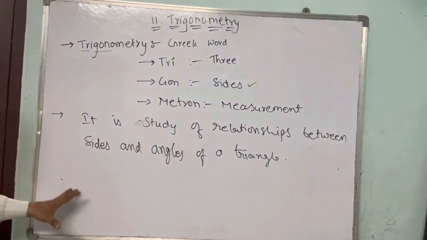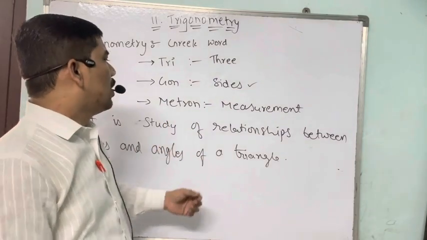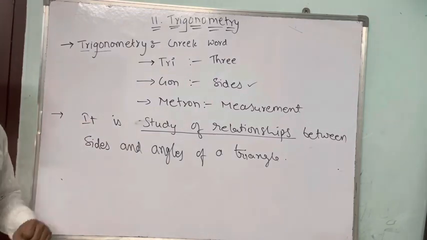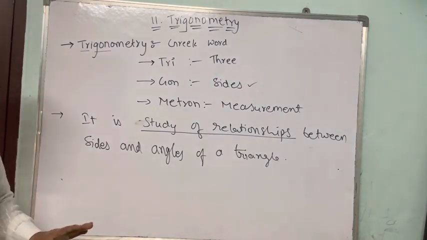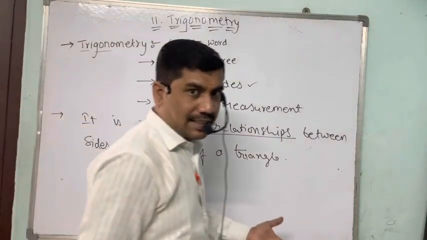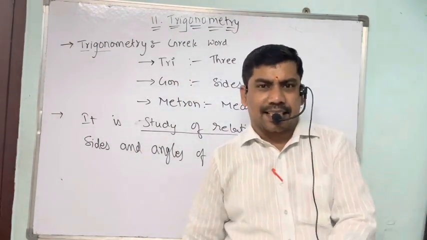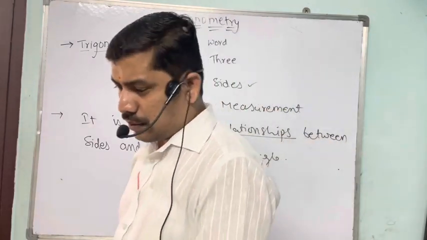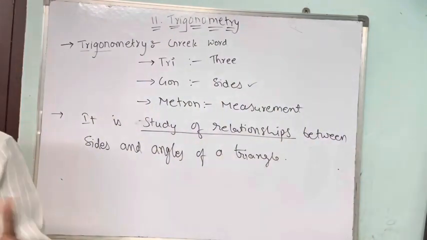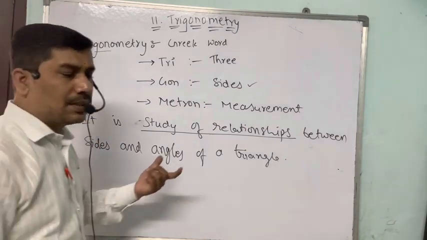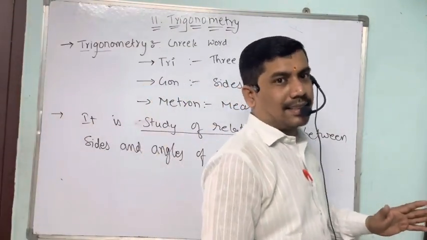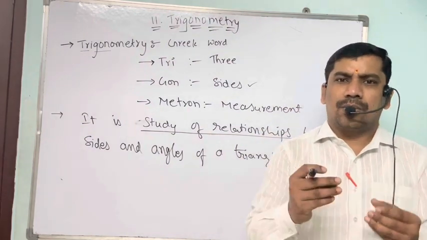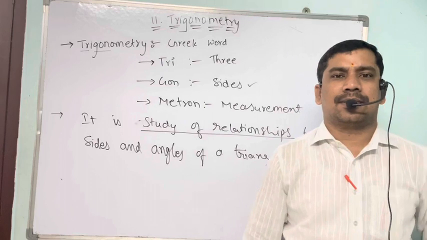So trigonometry is nothing but a study of the relationship between sides and angles of a triangle. Obviously, if we consider a triangle, it will have 3 sides and three angles. So in this, we'll see the relations, how they vary with respect to each other. I'll show you after some minutes how the side and angle depend on each other.